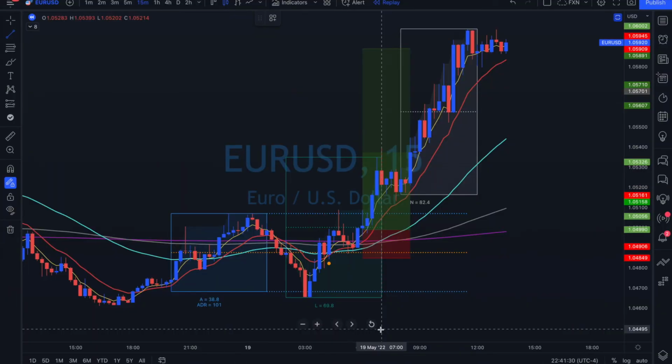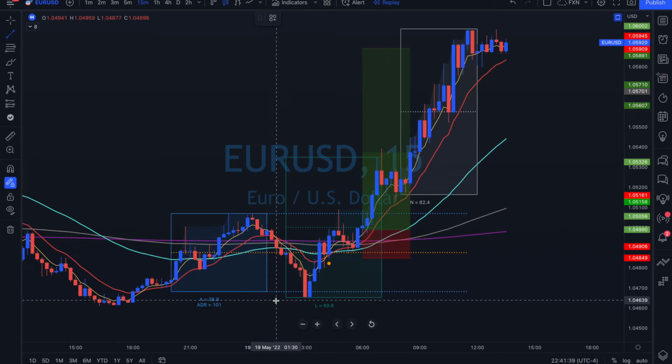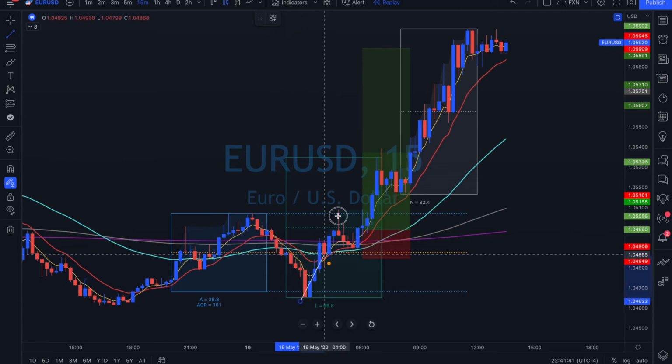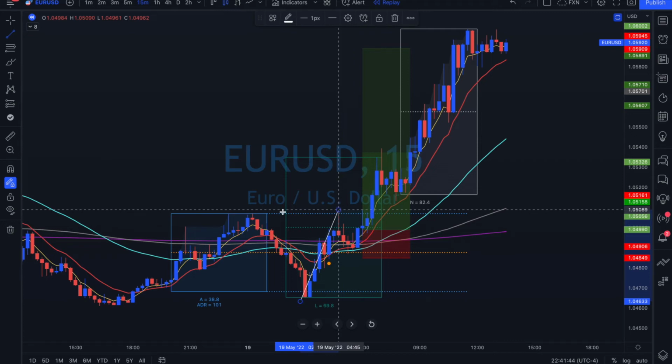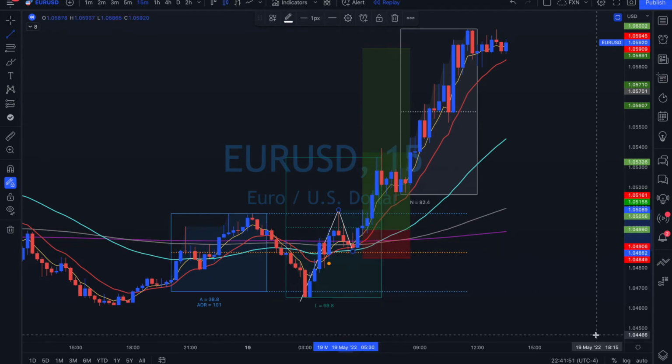So this example here would be a good example for using the EMAs as a trade confirmation, because here we have a type 3 trade setup where price comes up to the top of the Asian range and then comes right back down to the middle of the range. Now, most importantly, what's at the middle of the range there? This orange line right here is the middle of the range. What's there? You have the 200, the 800, the 50 all right there.